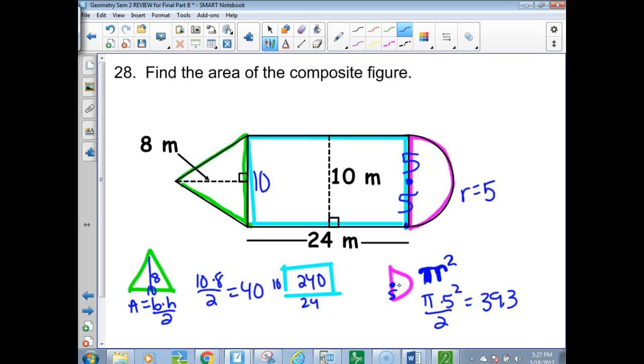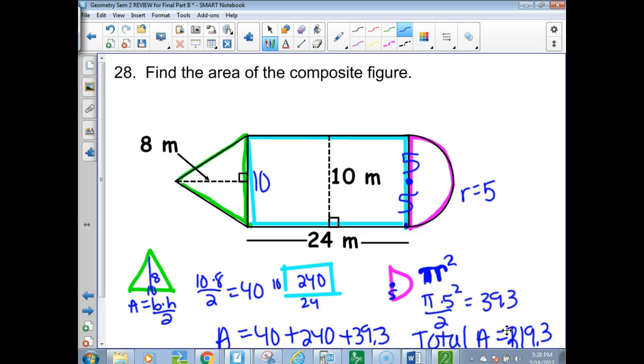Now what am I going to do with all this? I need to put them together, right? So I'm going to get my total area. I got 40 for my triangle, plus 240 for my rectangle, plus 39.3 for my semicircle. So my total area equals 280, oh no, 319.3.